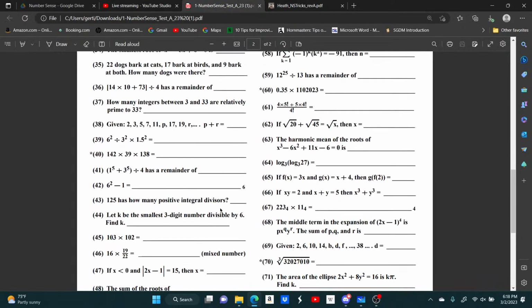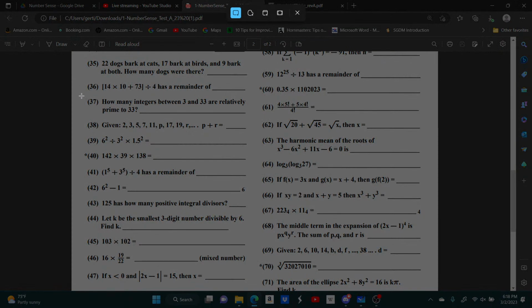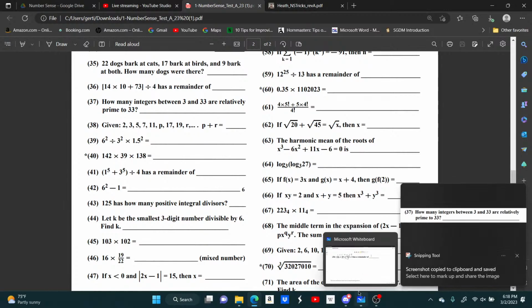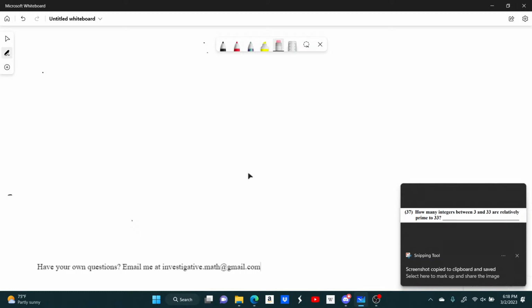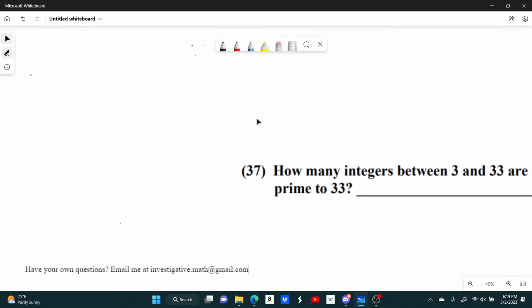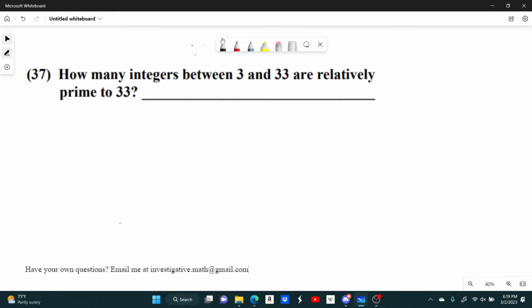Let's keep going. How many integers between 3 and 33 are relatively prime? Ooh, this is a good one to go over. So, if you're not familiar, relatively prime just means you don't have any common factors besides 1. Sorry, I misspoke there.